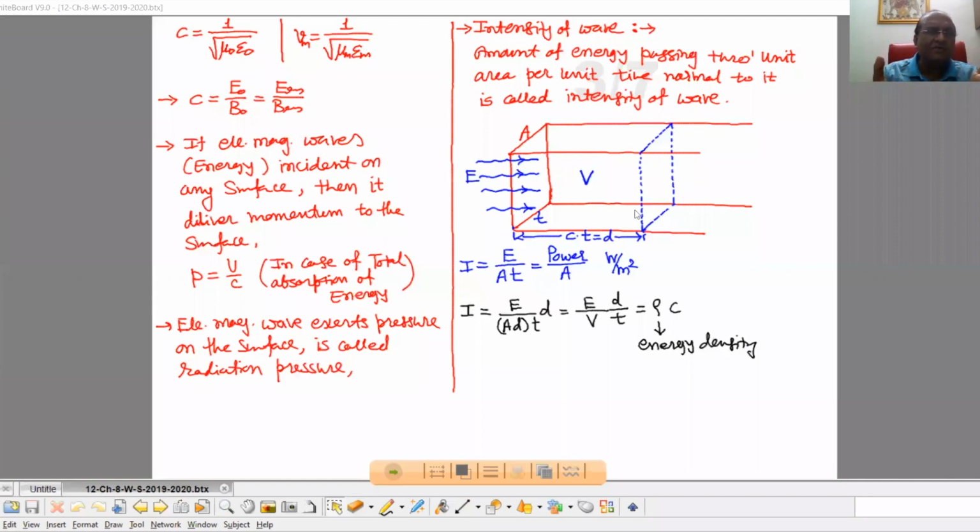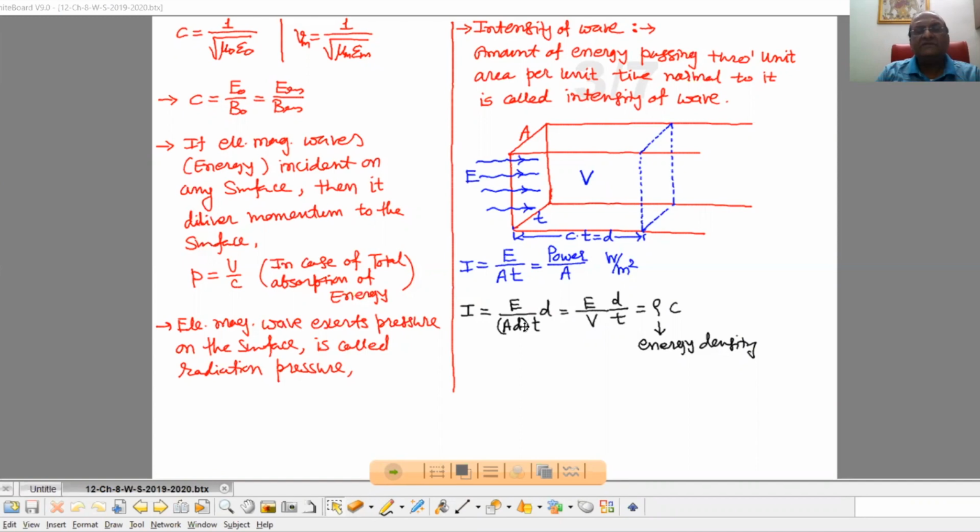That energy is in the form of electromagnetic waves, so the electromagnetic waves passing through this surface will cover some distance in time T. Electromagnetic waves move with speed C, so the distance covered by these waves will be C into T. In other words, the energy passing through this area A in time T will be accommodated in the space equal to distance D. Clear? So the space from here to here is where that energy will be accommodated.